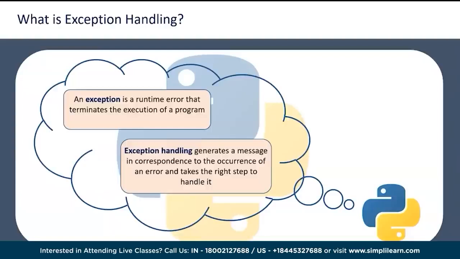So now an exception has occurred, but you need to handle it. By handling, we mean that you need to throw a meaningful message, as I said earlier, and then you might need to navigate the program in the right direction or take certain corrective actions in order to handle the error. All that comes under exception handling.